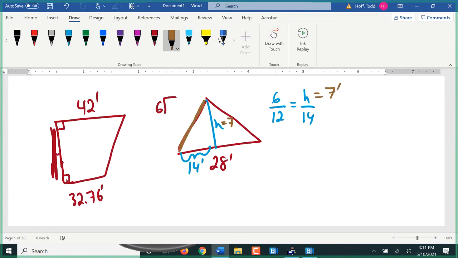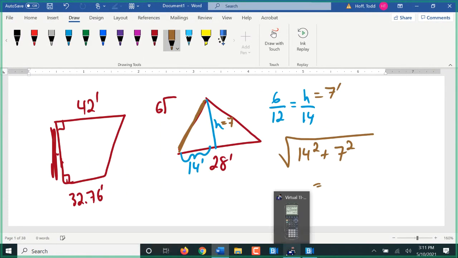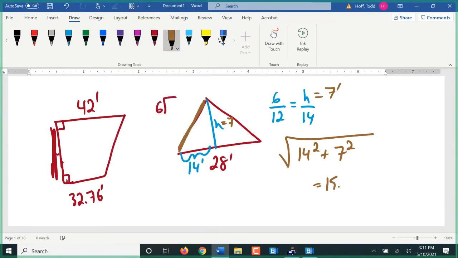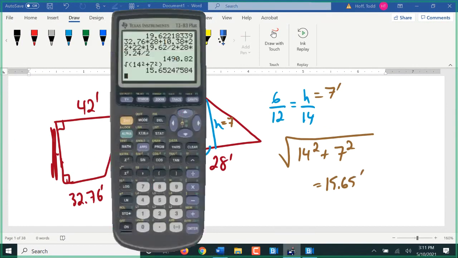So this length here will be the square root of 14 squared plus 7 squared, giving us 15.65. Multiplying by 2 to get the full height, 31.305.